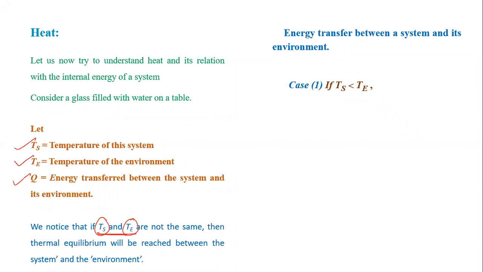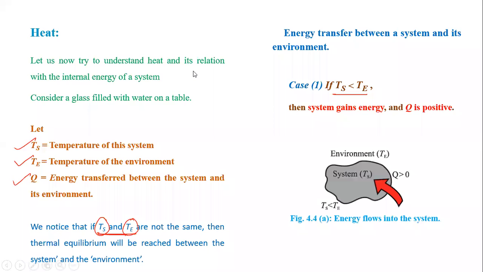Now let's see some cases here. Case 1. If Ts is less than Te, the temperature of the system is less than the temperature of the environment, then the system gains energy and Q is positive.